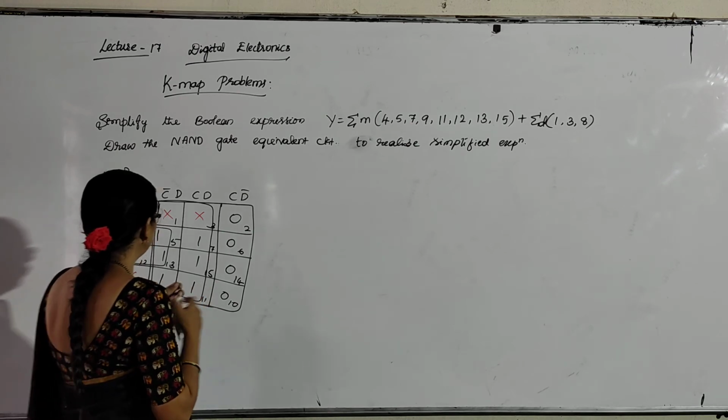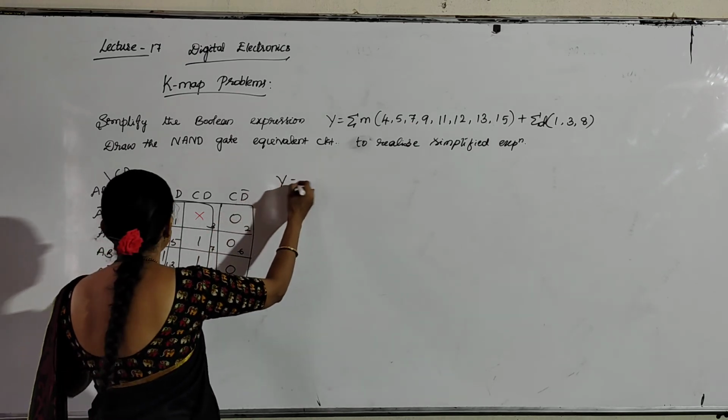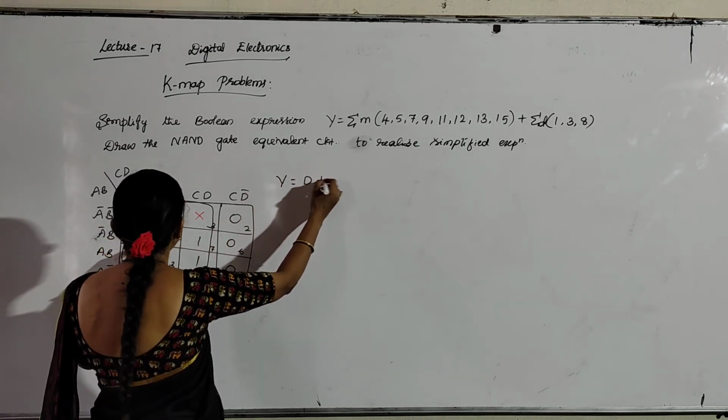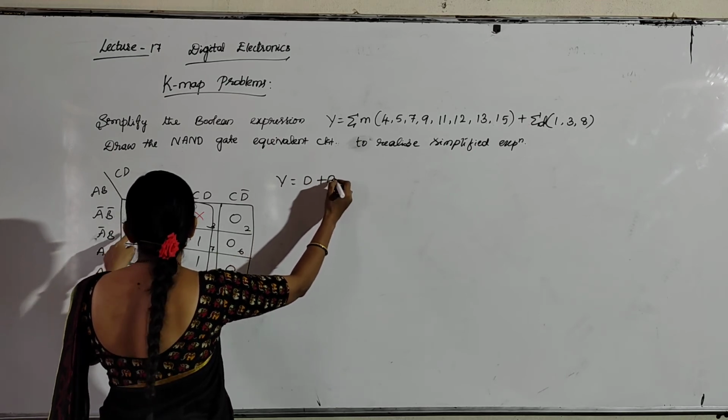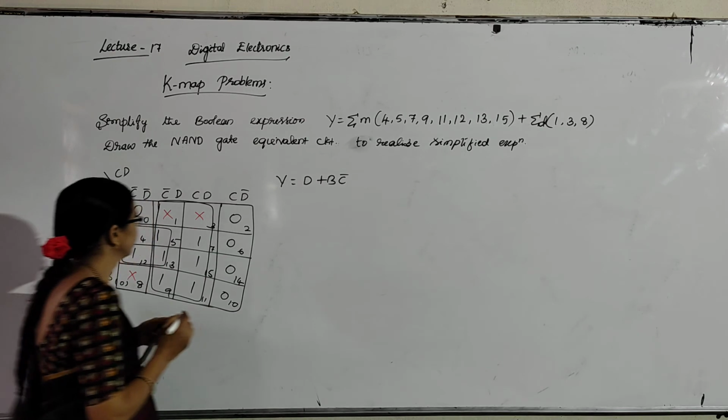So what is the final expression? Y is equal to D plus B C bar.